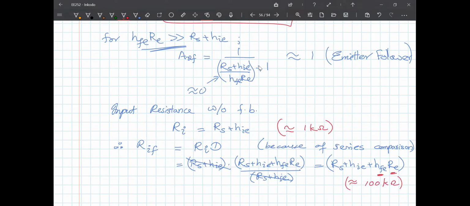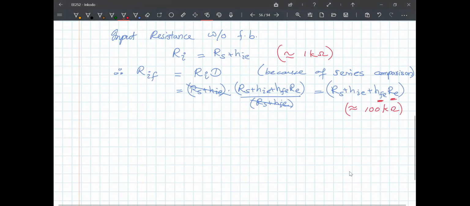So that has increased by a factor of about 100. So you see the input impedance properties have improved immensely for a voltage amplifier. So this is why it works as a buffer.